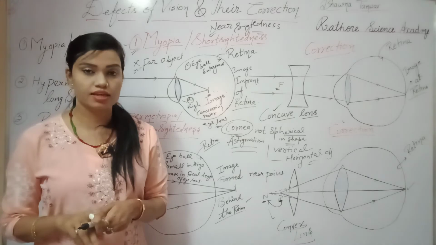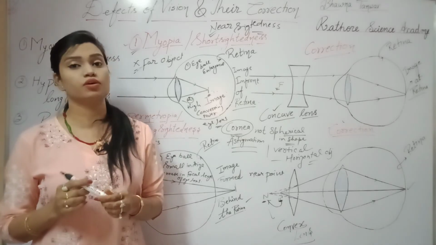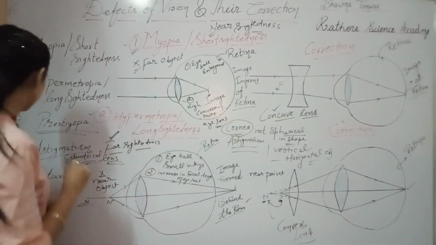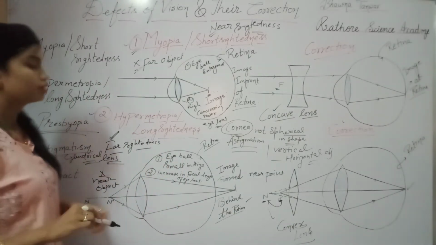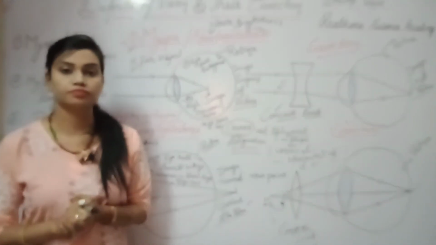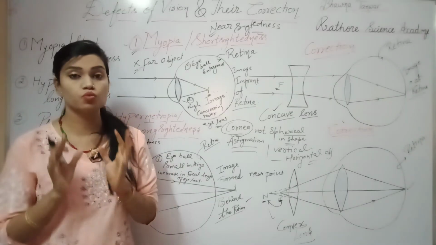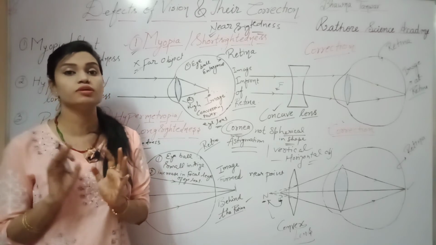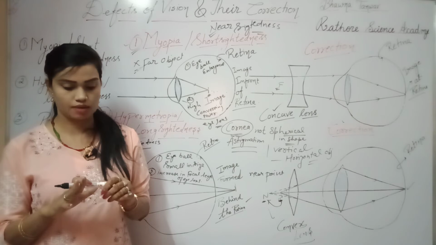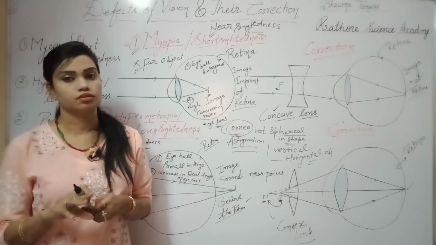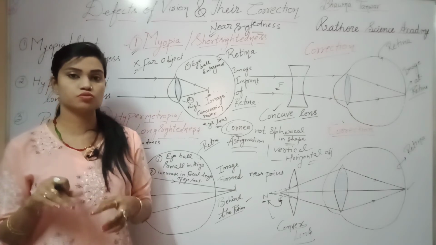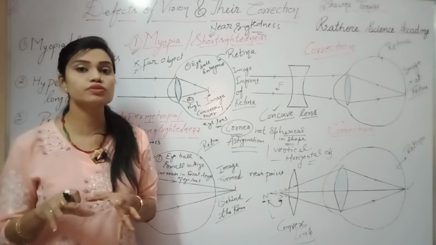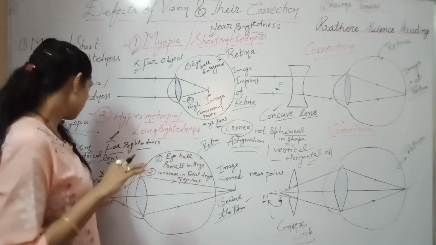Now come to the next and the last but most important defect of the eye, that is cataract. What happens in case of cataract? Cataract is the most common defect of the eye. The people who are above 40, old age people, are usually affected by this defect.